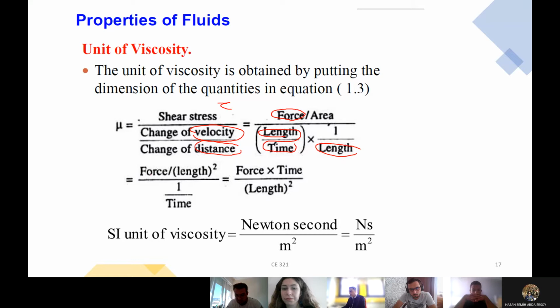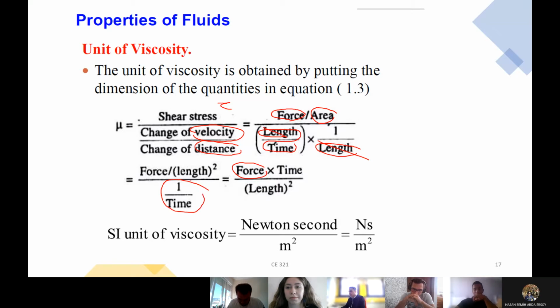Let's do it. For force, here you see that we don't use the unit of force, and we continue the substitution of units in terms of force. However, instead of area, we put unit of length square, for example, meter square. Because area is meter square, we have force over meter square. Here we can simplify this length with this length. If you cancel out these two lengths at the denominator, you will have 1 over time.